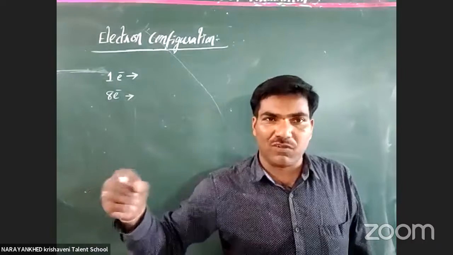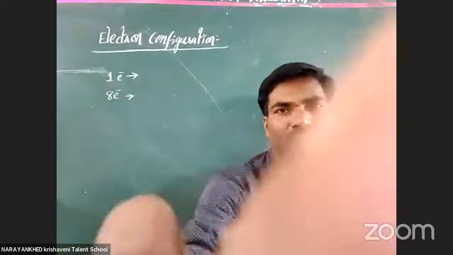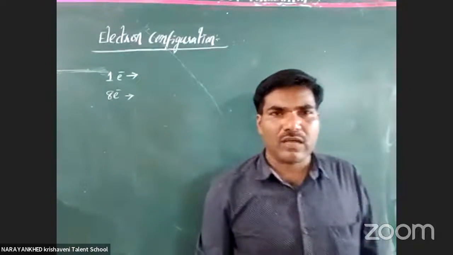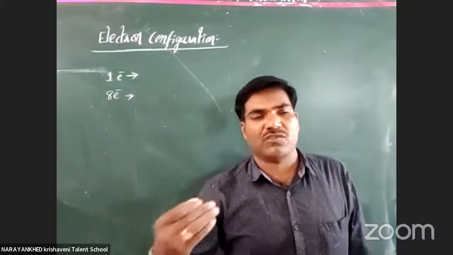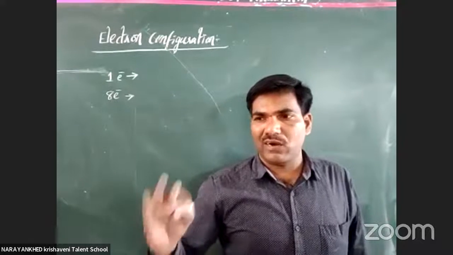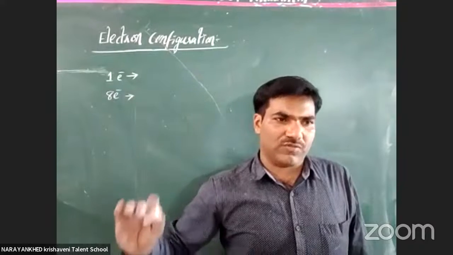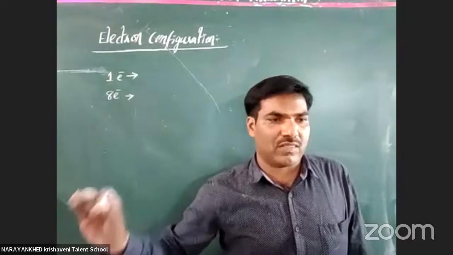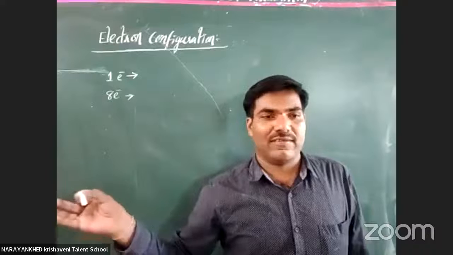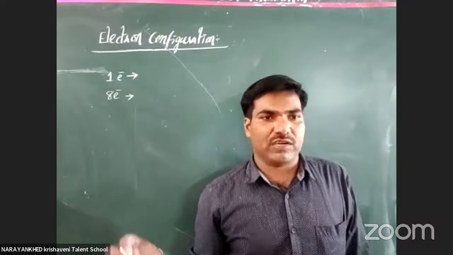Physically, it is not possible to see an electron, so we distribute them theoretically only. That is what we discuss in this concept. Simply, electronic configuration is the distribution of electrons among the various orbitals depending on the various laws and principles.